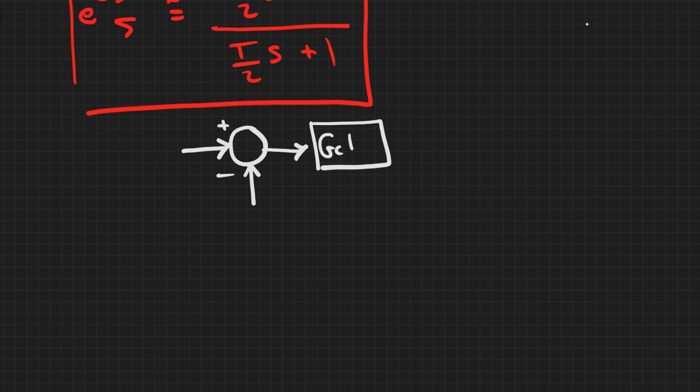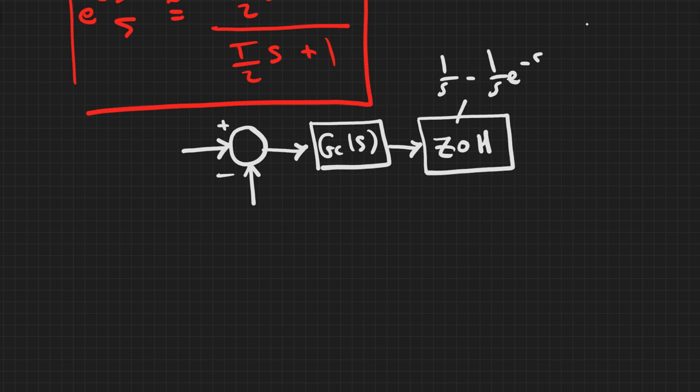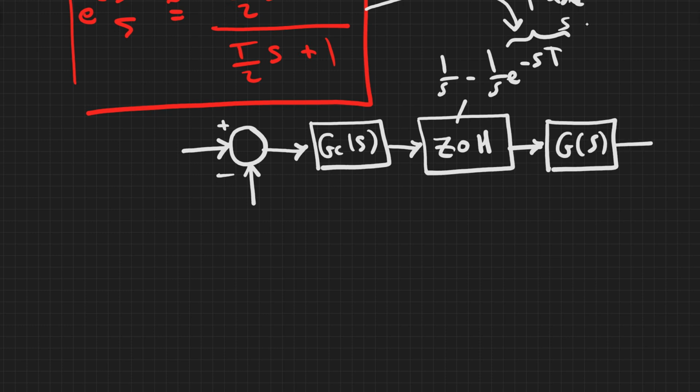You have your controller that you want to design, and then we have our zero order hold, which is, as we said, 1 over s minus 1 over s e to the minus st, and we obtain this e to the minus st from the Padé approximation. Then we have a transfer function for the zero order hold, and we also have our transfer function for our system and for our sensor.